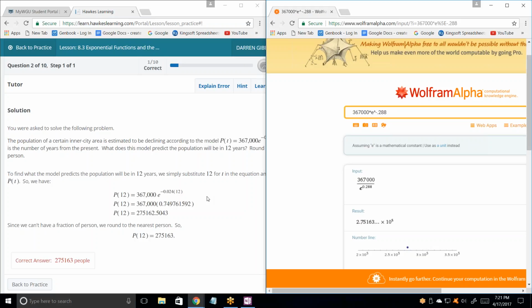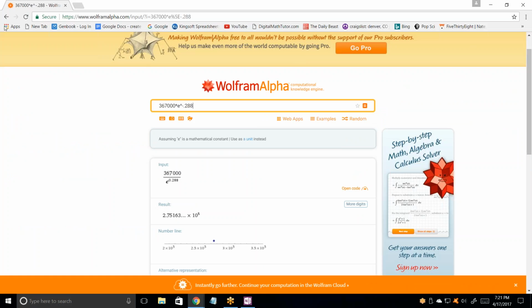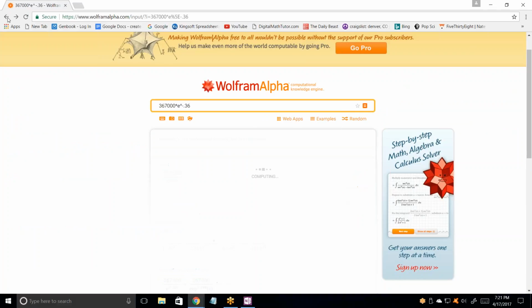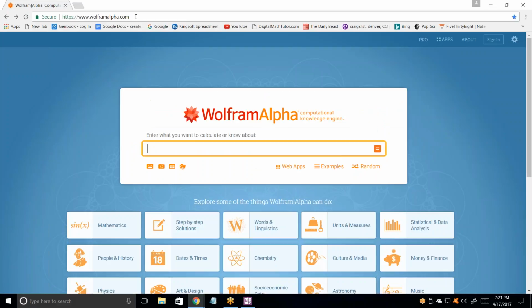But even still, you're going to need a way to do exponentials. And if you don't have it on your calculator, then you're going to need to access Wolfram Alpha for these problems. So let me copy and paste this into the chat window and go ahead and click on it.